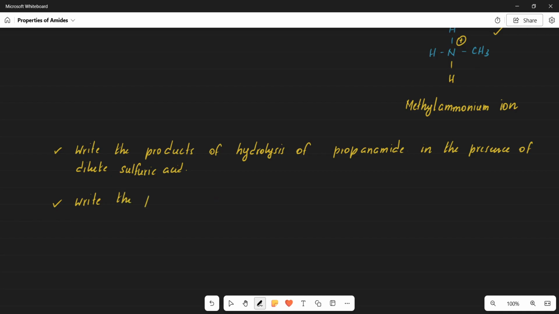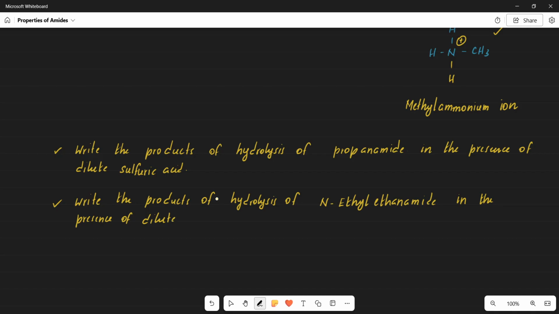And the second question: write the products of hydrolysis of N-ethyl ethanamide in the presence of dilute sulfuric acid.